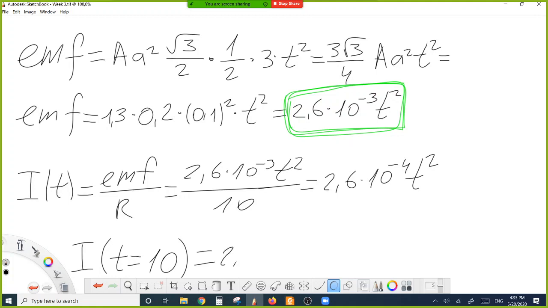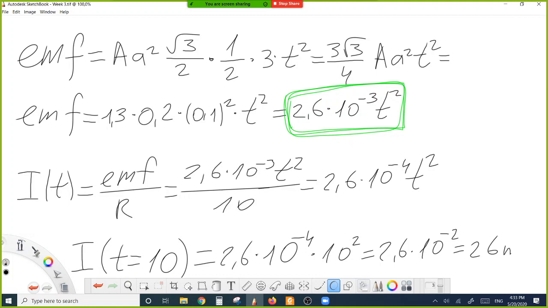So 2.6 times 10 to the minus 4 multiplied by 10 to the power of 2, and this will be equal to 2.6 times 10 to the minus 2, or 26 milliampere.